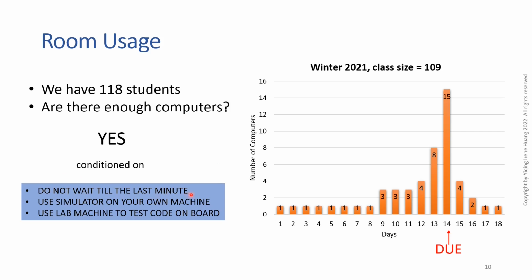As long as we do not wait until the last minute, and we use the simulator on our own machine most of the time and only use the lab machine to test the code on board, then we have more than enough computers for users to remotely access.